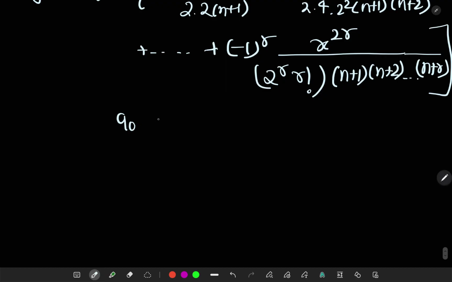Here a naught is equal to 1 by 2 raised to power n factorial n, or gamma n plus 1.